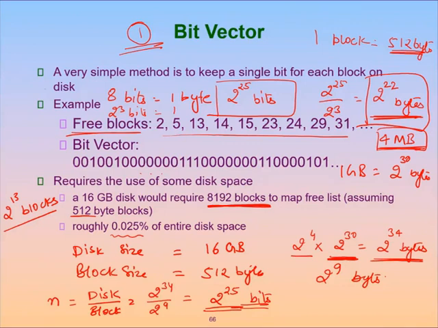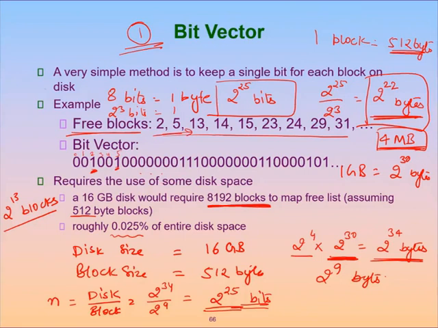You have to reserve bits equivalent to the total number of blocks, because you just have to switch on and off, that is 0 and 1, to mention whether the block is free or not. So if block number 2 is free, the bit at index 2 will become 1. Block 0 is not free, 1 is not free, 2 is free, 3 is not free, 4 is not free, the 5th block is free, right? This is how you store the information.